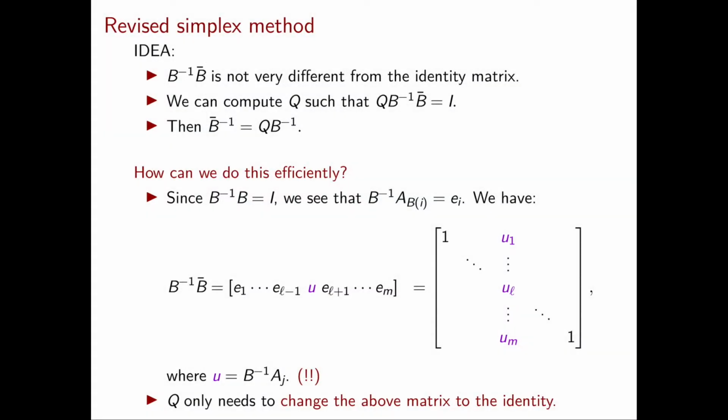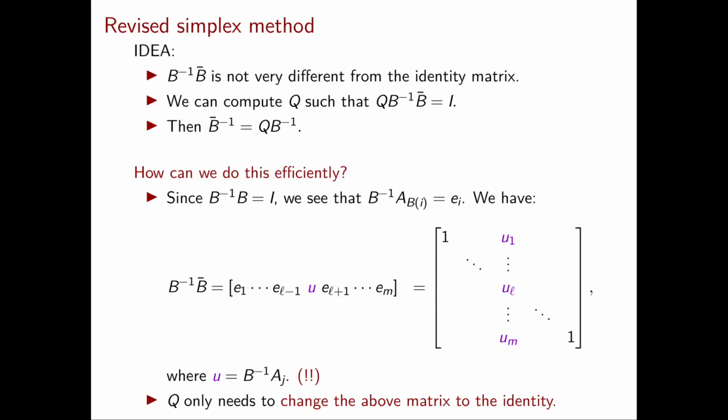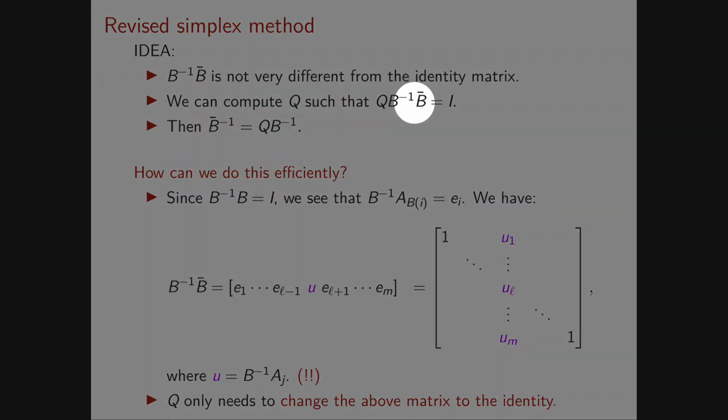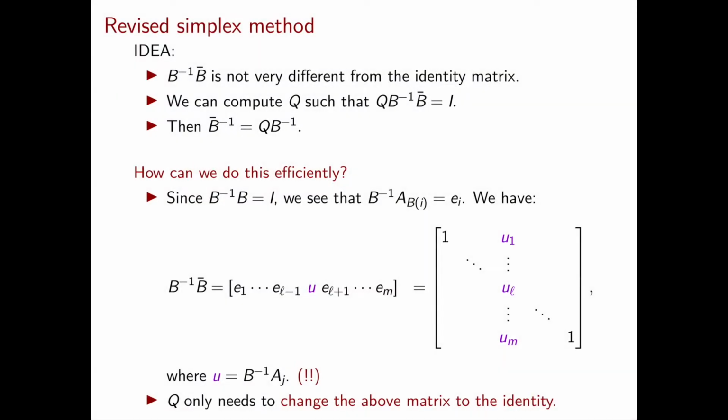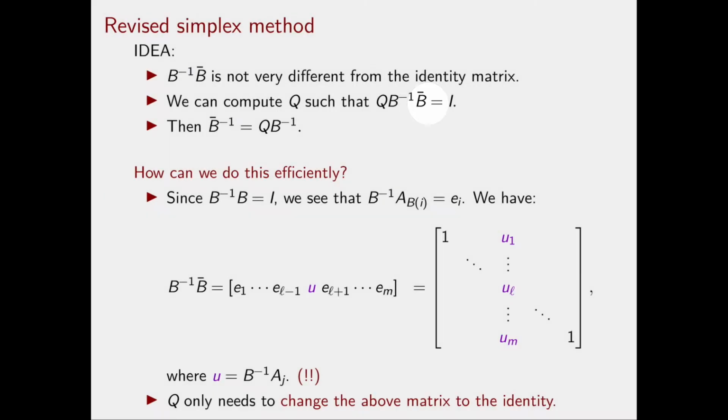And this is because, as we have just observed, B bar is not very different from B. And of course, B inverse times B is equal to the identity. Now, since this product is not very different from the identity, we can compute a new matrix that we're going to call Q, such that Q times the product B inverse B bar is equal to the identity. And once we've done this, we're done, because then Q B inverse will be the inverse of B bar. So this is the roadmap that we're going to follow to compute B bar inverse efficiently.